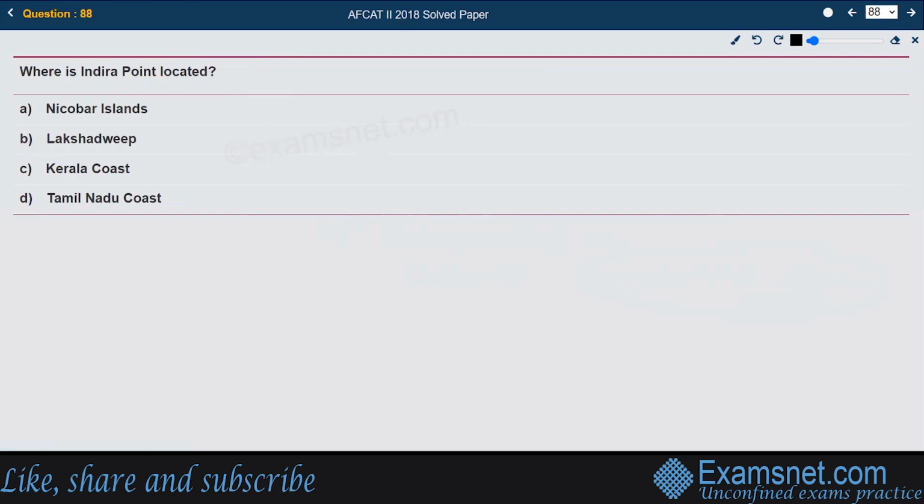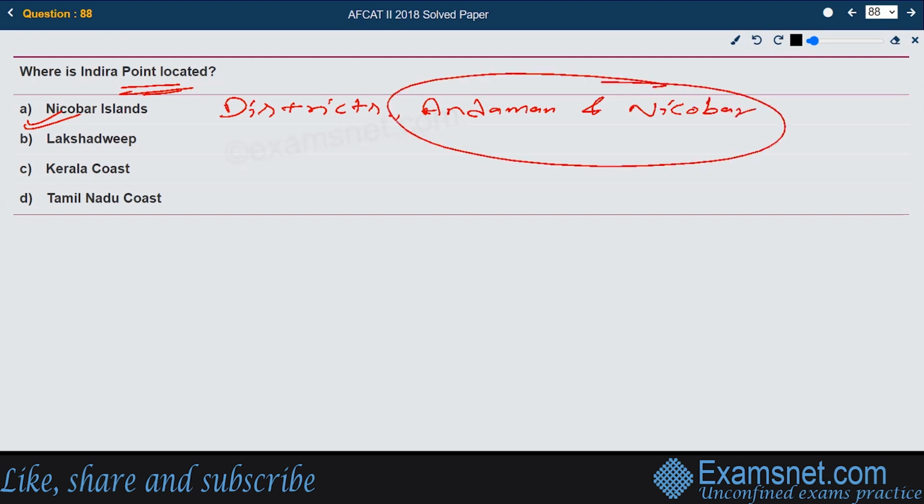Next, where is Indira Point located? Indira Point is located in option A, Nicobar Islands. Nicobar is a district at Great Nicobar Island, and it is in Andaman and Nicobar Islands, a union territory of India.